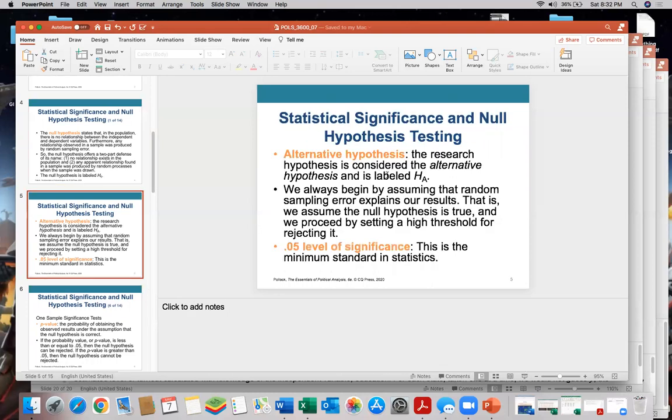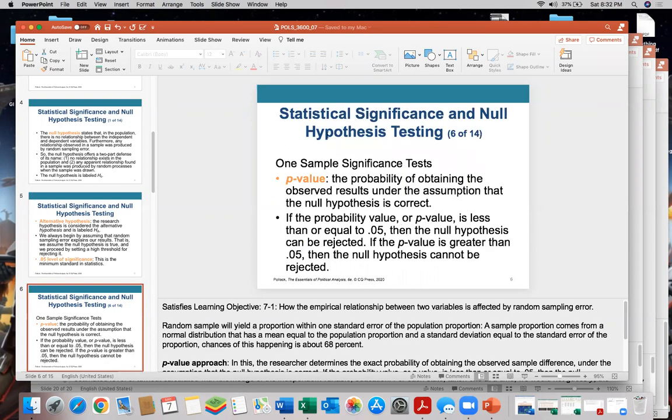Conversely, the hypothesis we're trying to prove is the alternate hypothesis. We always begin by assuming that random sampling error explains the result, and that the null hypothesis, the beta naught, is true, and we proceed by setting a high threshold for rejecting it, the 0.05 level of significance.